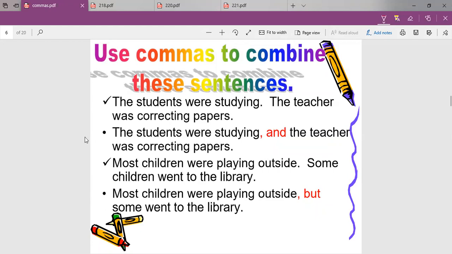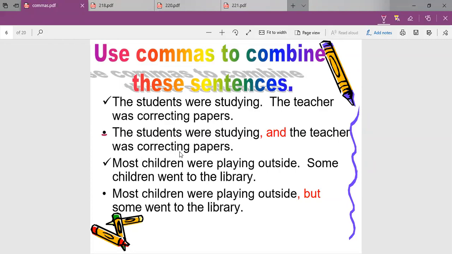Now, how can I join them? By using a comma and the conjunction word. Read it again, Kareem. The second one. They were studying, and the teacher was correcting papers.